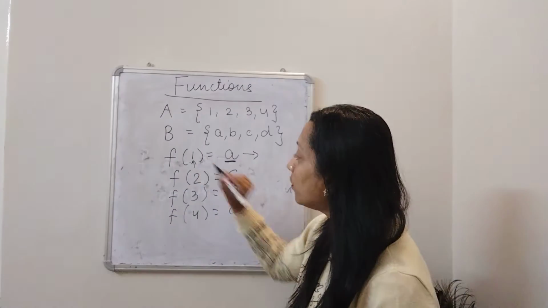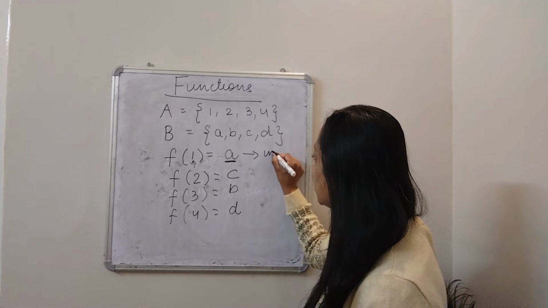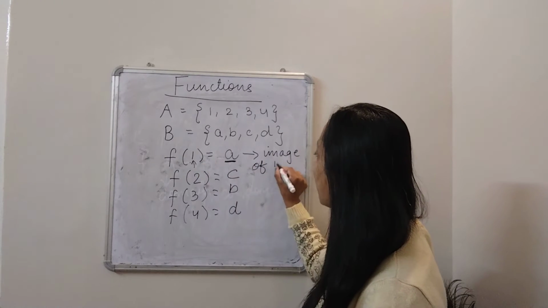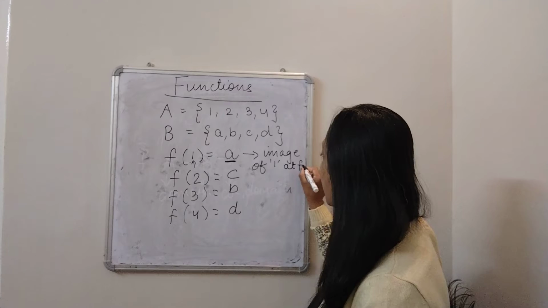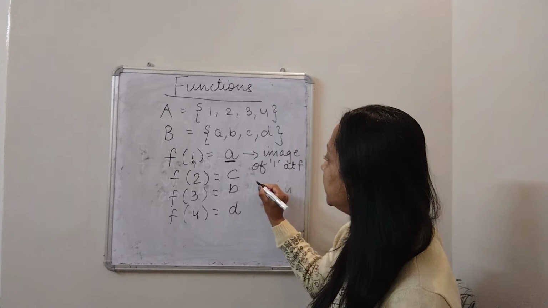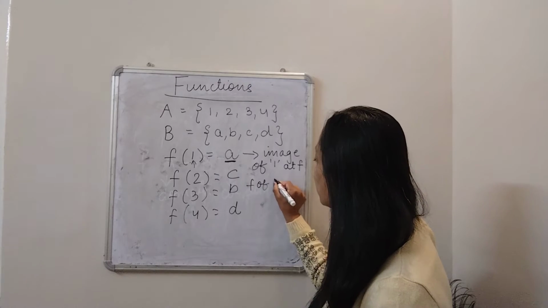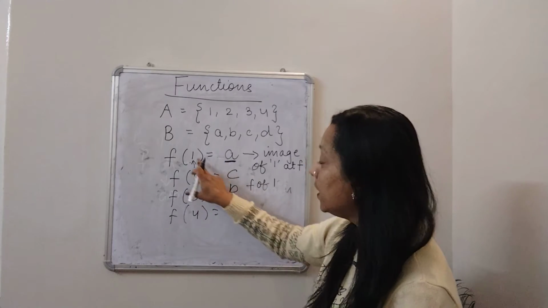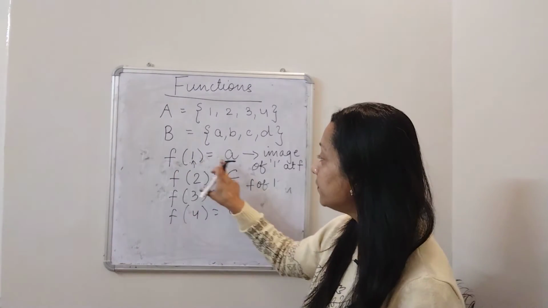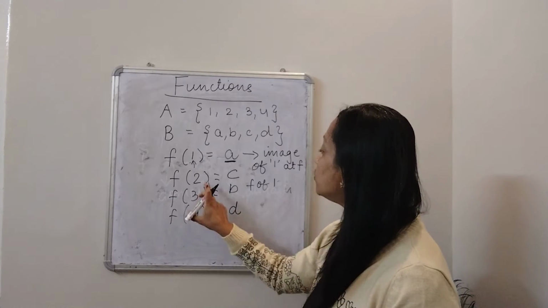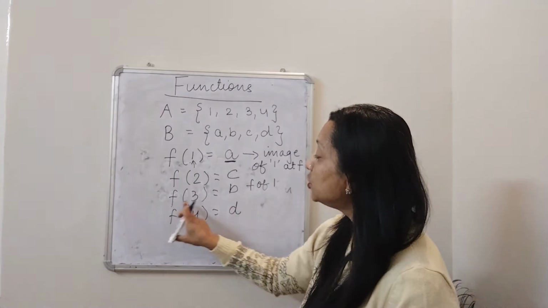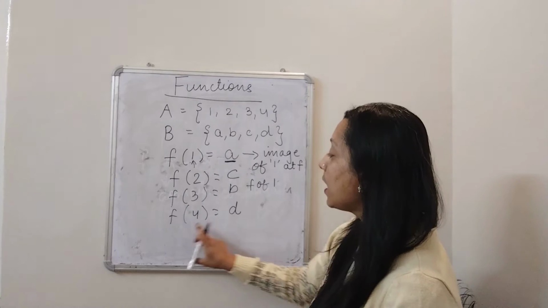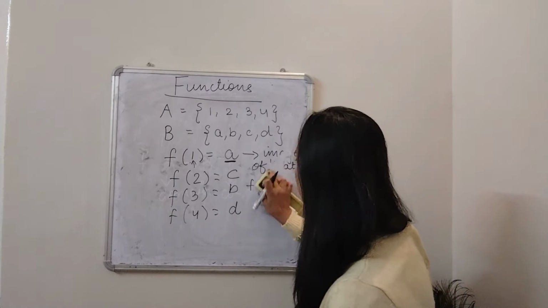You write it as image of element 1 at function f, or you can also write it as f of 1. The image of element 1 at function f is A, the image of element 2 at function f is C, the image of element 3 at function f is B, and the image of element 4 at function f is D. So these are all the images.